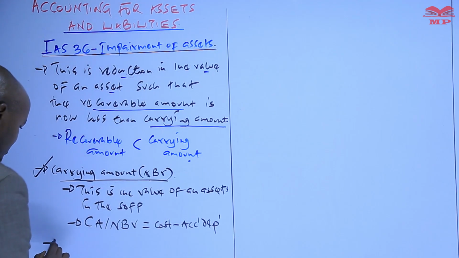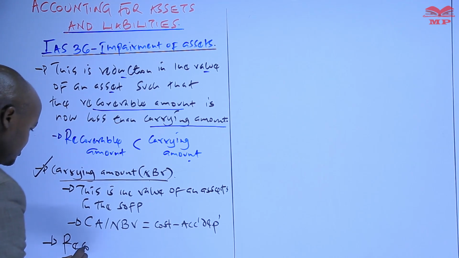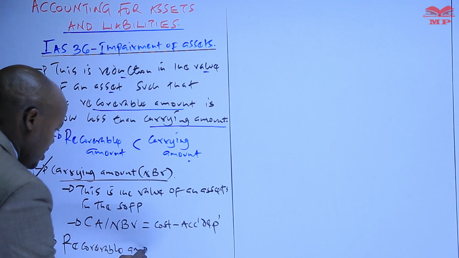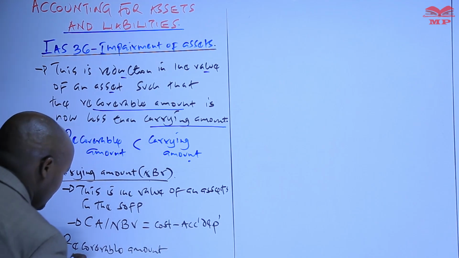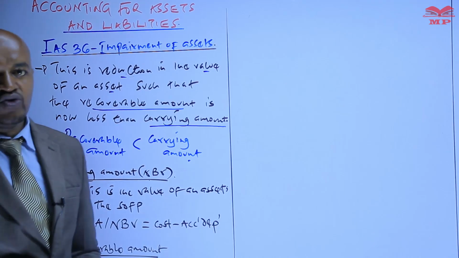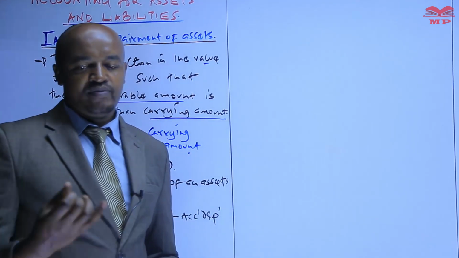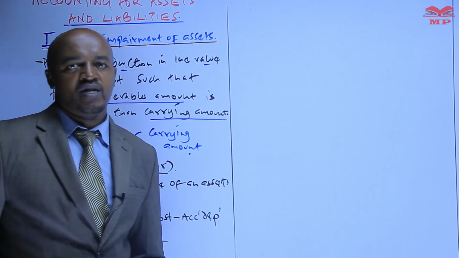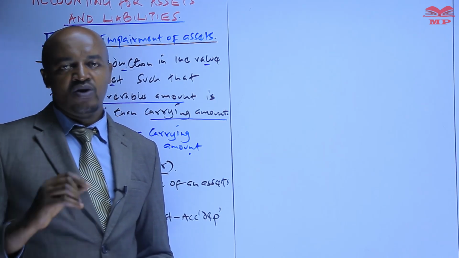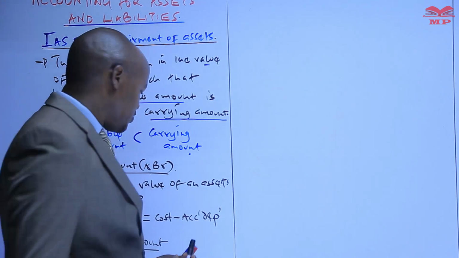The other term which we have here is the recoverable amount. For the recoverable amount, this is defined under IAS 36 to be the higher of two values: the higher of the value in use and something known as the net realizable value or the fair value less cost to sell.